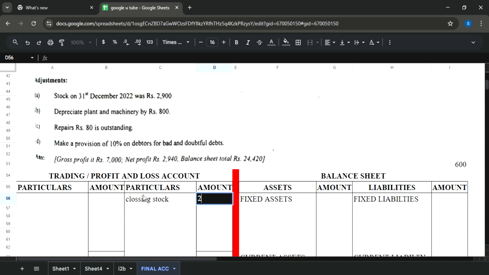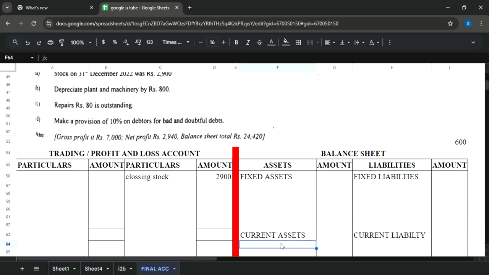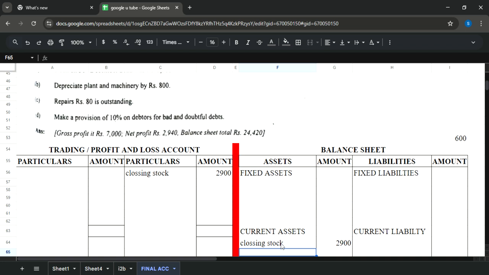First, closing stock we will write in direct income, and then we will go to current assets, and there you will write closing stock in current assets.